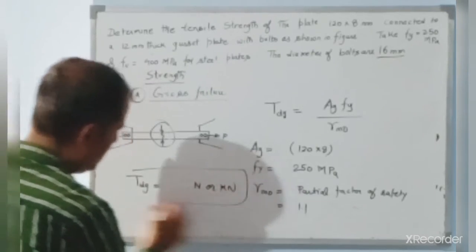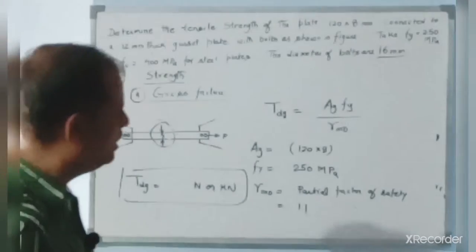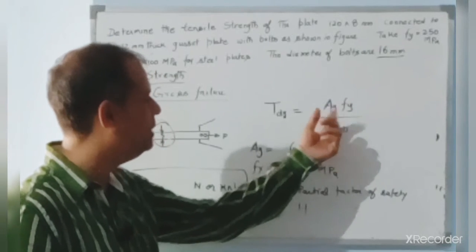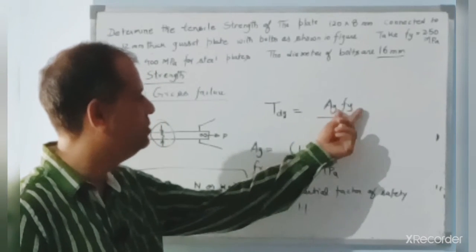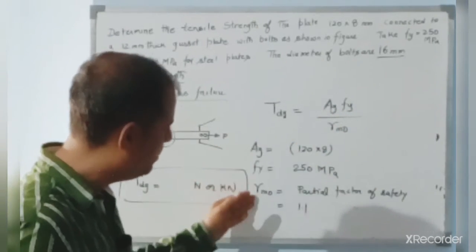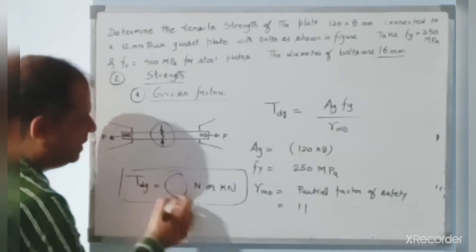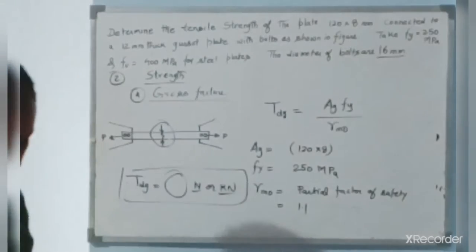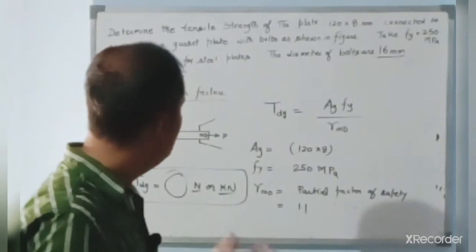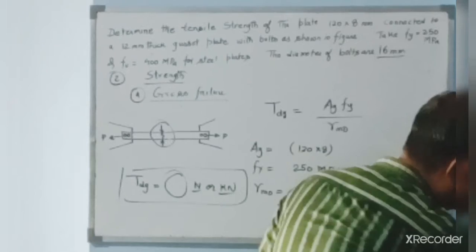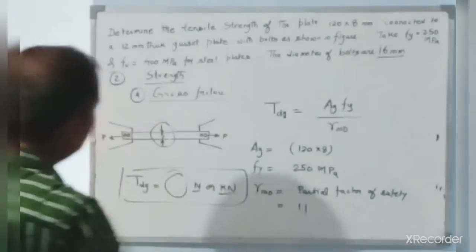I am not going to calculate the process, I am eliminating it here, and you can put the predefined or calculated values over here, and the result will come here in Newton or kilonewton.